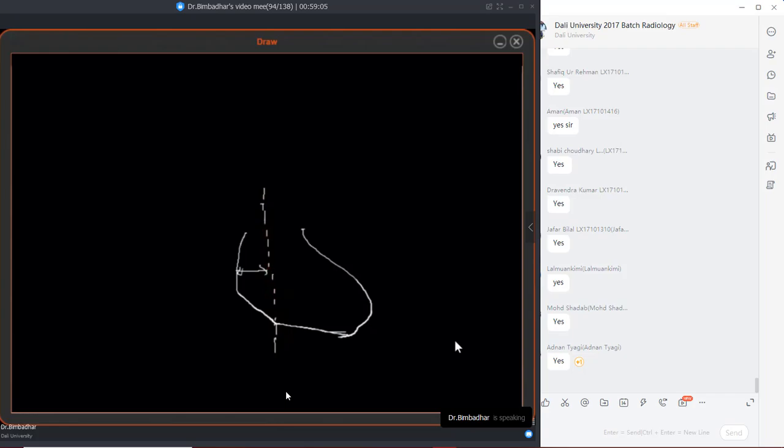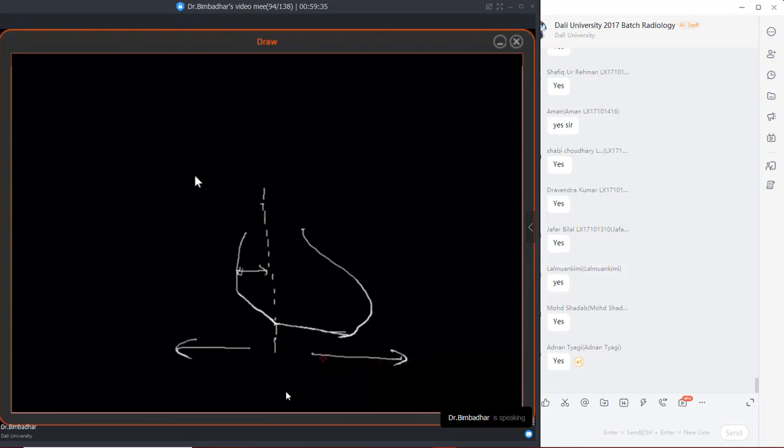If there is a problem and the heart shifts, it can be shifted either to the right or to the left.